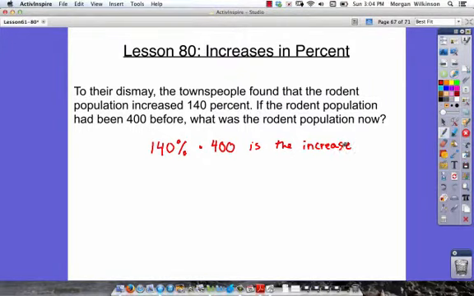So we could say 140% of 400 equals, and we'll call it the increase, I.